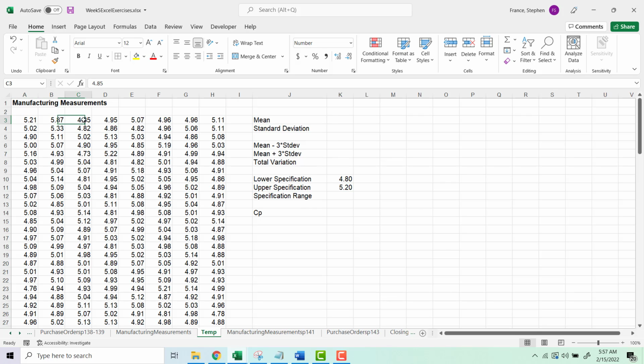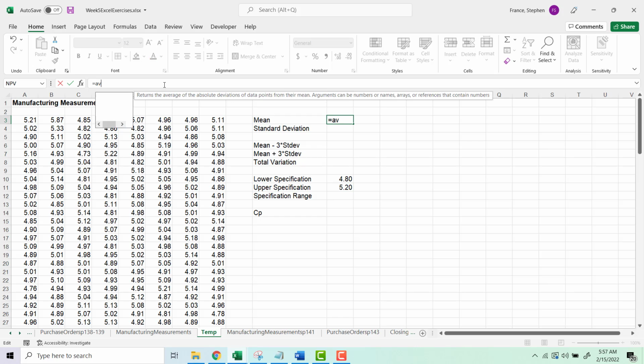It's really just a set of manufacturing measurements. It could be like the length of a screw or something like that, or the weight of some drink product, or how much has been filled in the drink product. So it's just some general manufacturing measurement. So we're going to first calculate the mean for this.